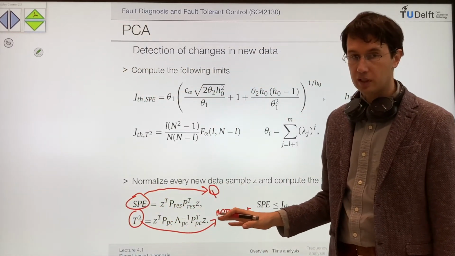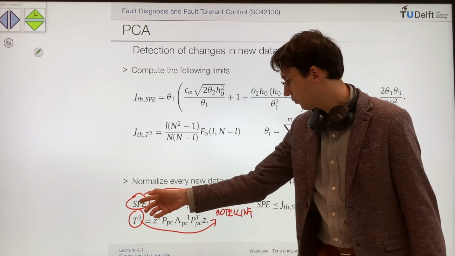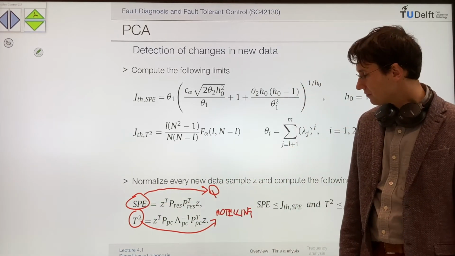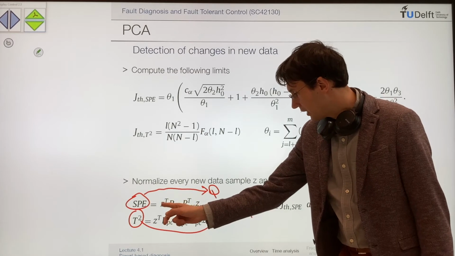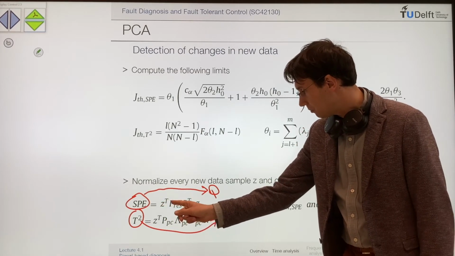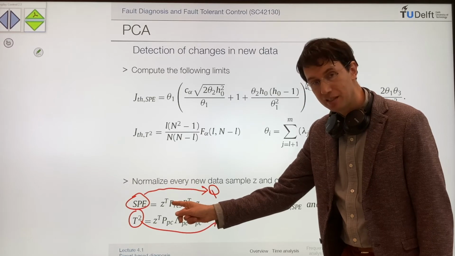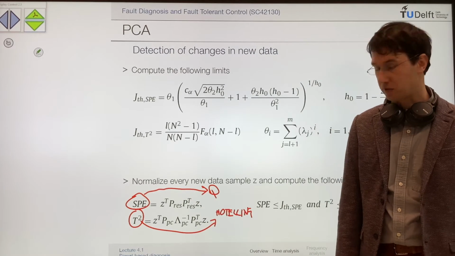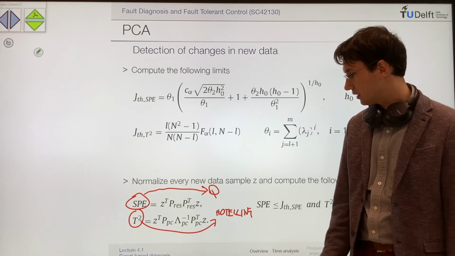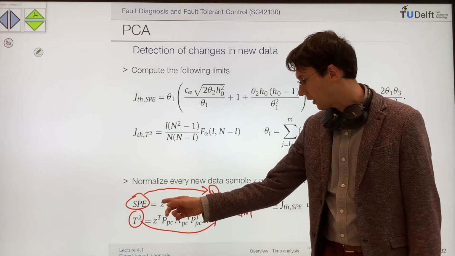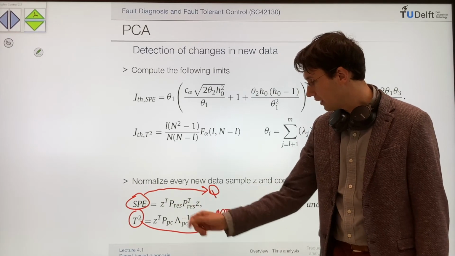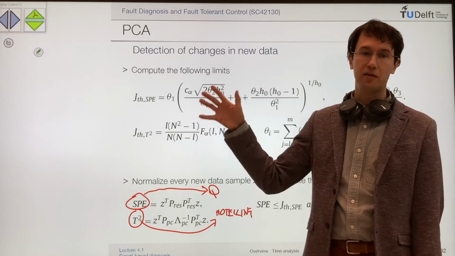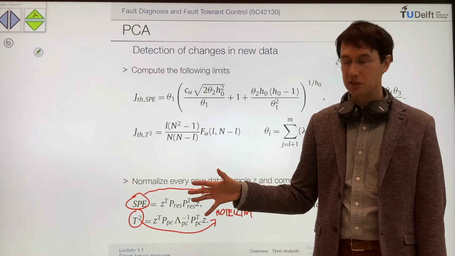Before we move on, you may ask yourself what we mean by squared prediction error. So look at this. What we have is Z transpose that multiplies P residual, so the residual principal vectors. You know that if you take a vector and multiply it by an orthogonal matrix, this orthogonal matrix is representing directions.